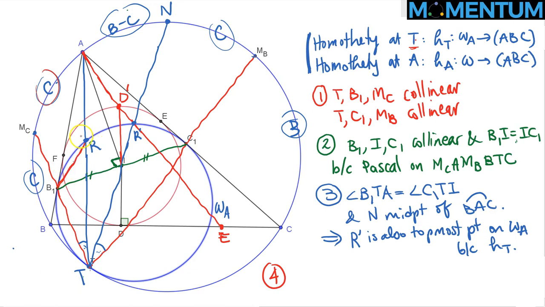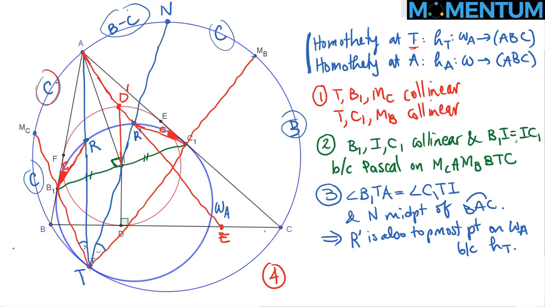So the arc B1R measures C, meaning this angle over here also measures C. And by the same token, we can see that because arc NMB measures C, arc R prime C1 would also measure C. So let me go ahead and draw this chord here. So as a result, this angle over here is C as well. But then that's a really nice result.